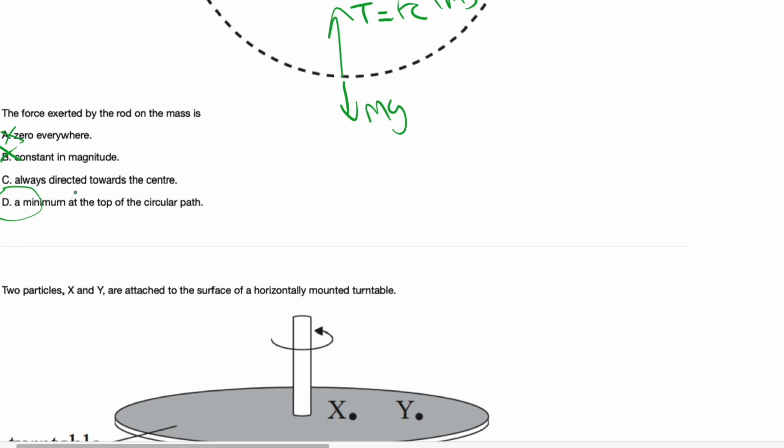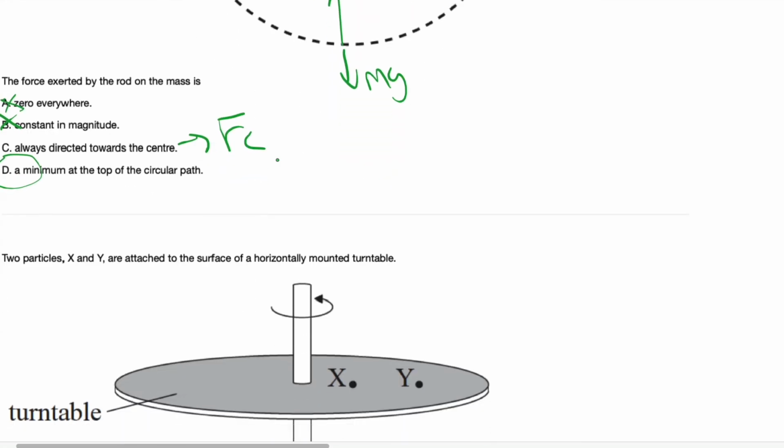And C says it's always directed towards the center. So this is not necessarily correct. This statement is correct for centripetal force, but it's not necessarily correct for the force exerted by the rod on the mass, right?